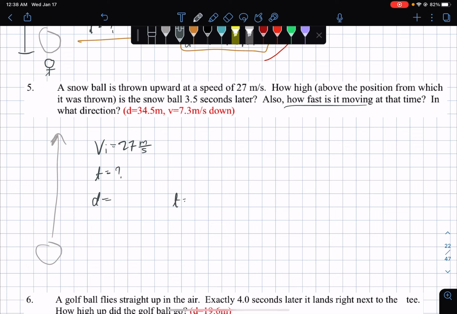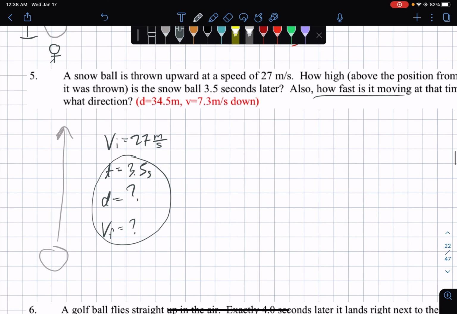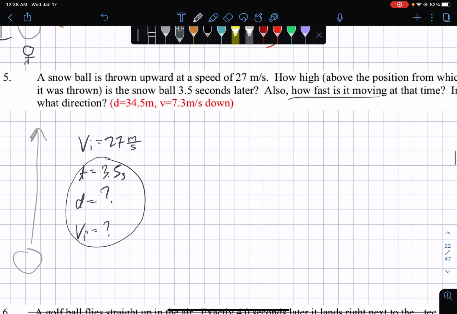Okay, so given that, time isn't actually missing. We do have 3.5 seconds. So distance is missing. They are related, these two. How fast was it moving at that time? So yeah, final velocity and distance are missing, in the context that the time is 3.5 seconds.